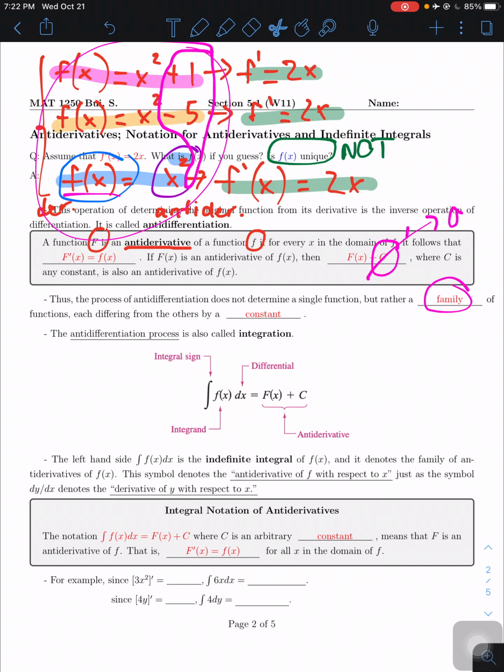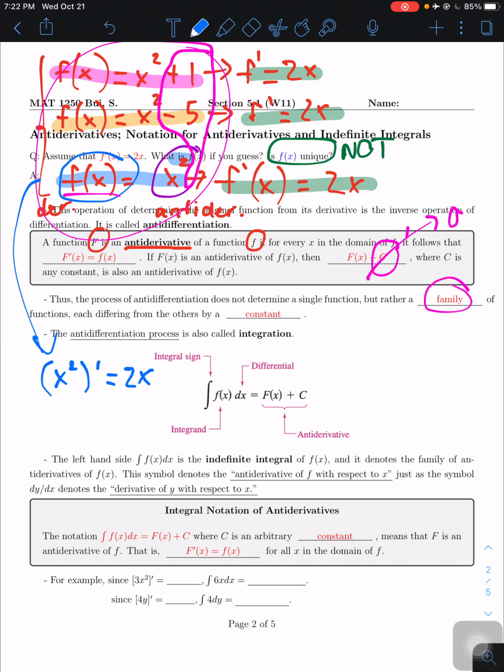So let's talk about this function here in blue. Okay, the derivative of x squared equals 2x, right?